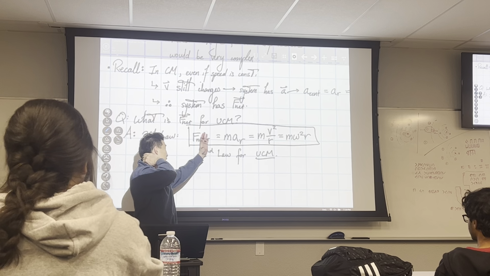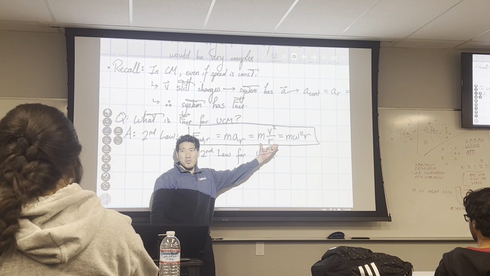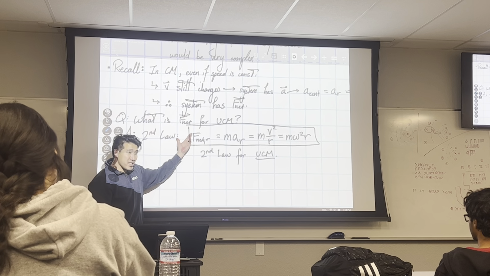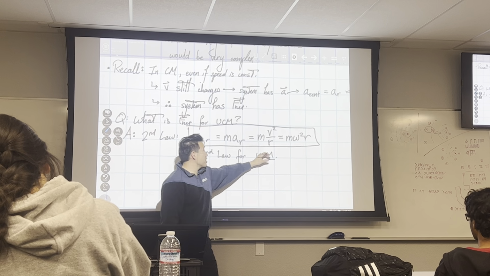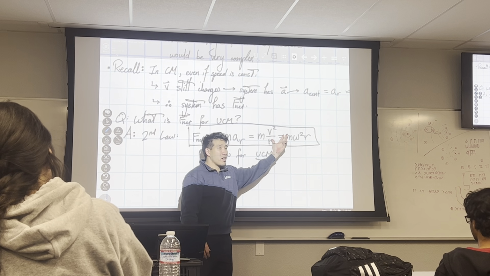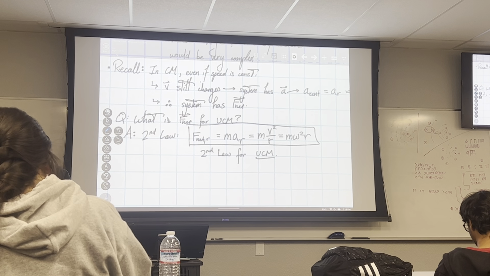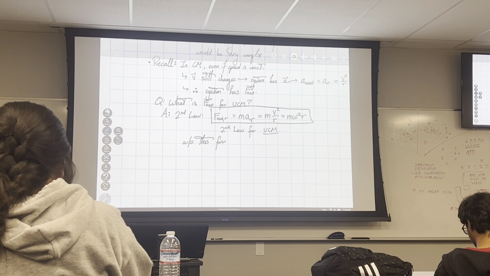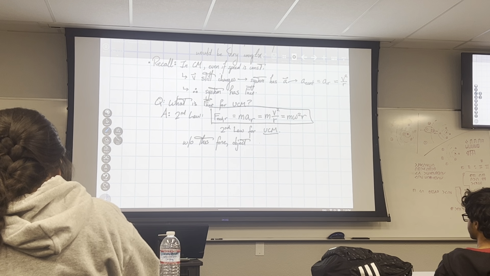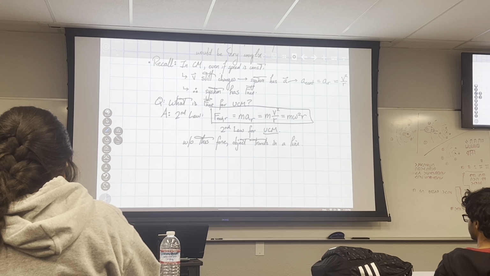What we did was we began with Newton's second law and just replaced the acceleration value with something that we always know to be true in circular motion. So Newton's second law for circular motion is this: net force in the r direction is equal to one of these, depending on which velocity parameter you have. So without this force, the object travels in a line, not a circle.